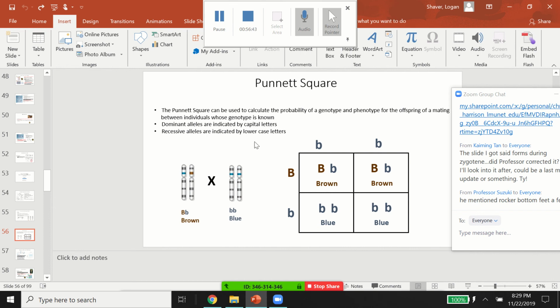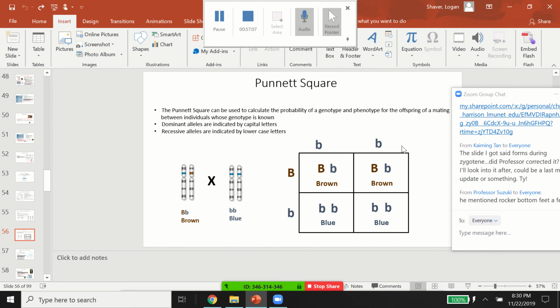Basically what you do is, say you have a parent here that has BB and a parent here that has little b. You cross them together, so you put one parent this way, one parent this way, and you make a little chart. That's pretty much how you do it. What they're typically going to ask from Punnett squares is what percentage of offspring from this pairing will have whatever disease.